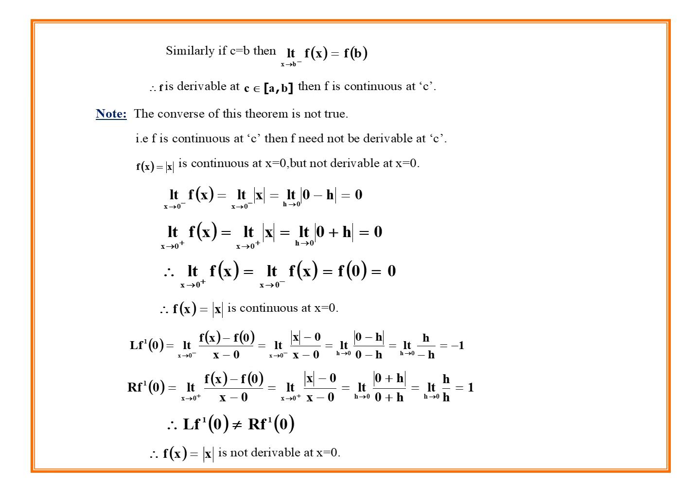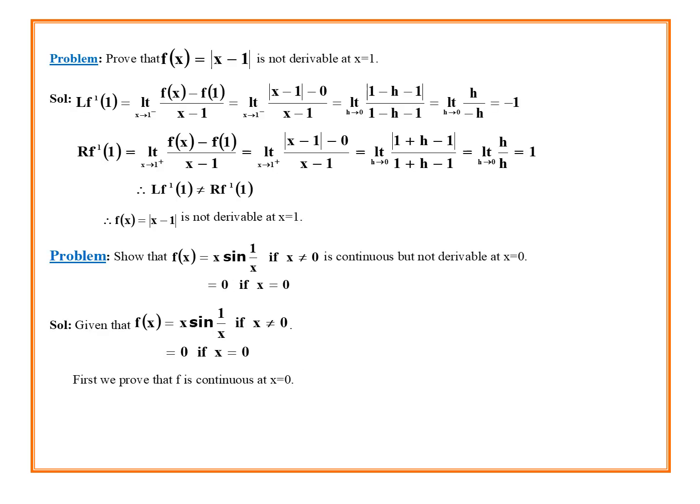The value is 1. Therefore, L f dash 0 is not equal to R f dash 0, because for L f dash 0 we are getting minus 1 and for R f dash 0 we are getting 1. So both are not equal. Therefore, f of x is equal to mod x is not differentiable at x is equal to 0. The converse of the above theorem need not be true.